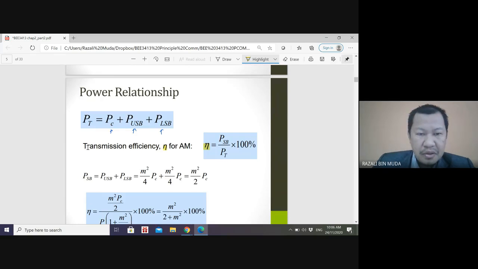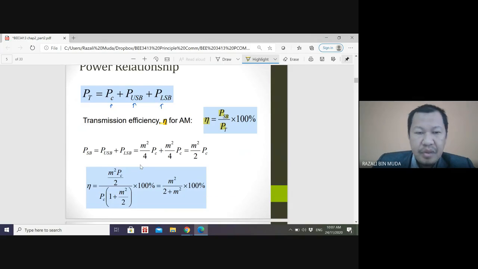Okay, so the transmission efficiency for AM signal is represented by this Greek character eta. So this is eta, not zeta. The transmission efficiency for AM, eta, can be calculated using this equation, where the power of the sideband over total power multiplied by 100%.